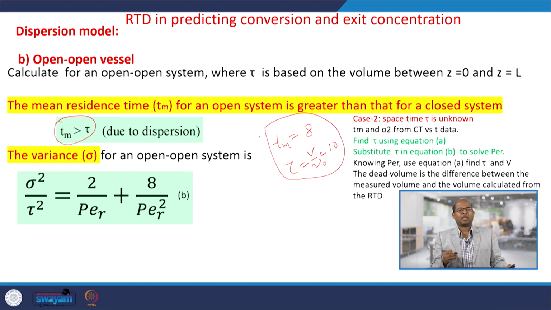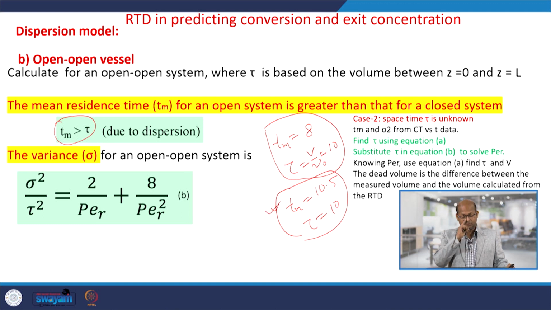If there is non-ideality, sometimes due to the dispersion, Tm may be 10.5 while tau equals 10, so a slightly higher mean time. That is due to the dispersion. If dispersion exists, a few molecules move faster. So the mean time is higher due to the non-ideality, or due to the dispersion.